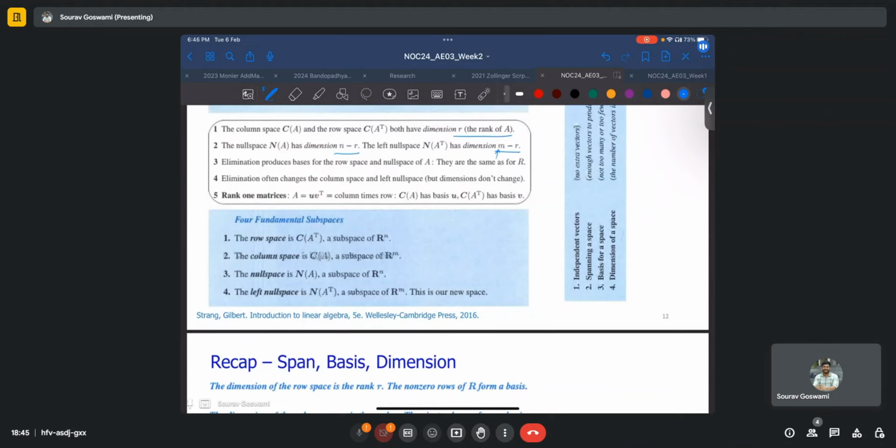Now, elimination produces bases for the row space and null space of A, and they are the same as for R, R, of course, being the reduced row echelon form. Elimination often changes the column space, this is something we discussed, and the left null space. However, the dimensions remain unchanged.